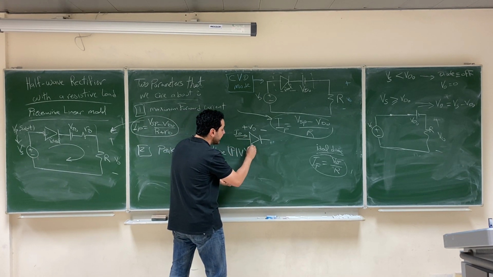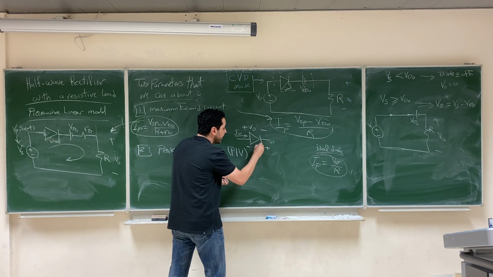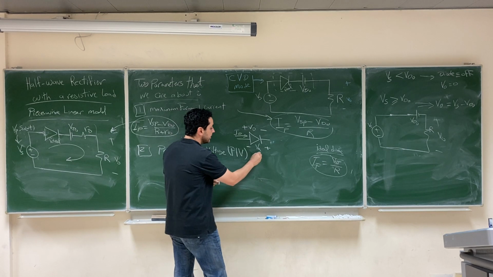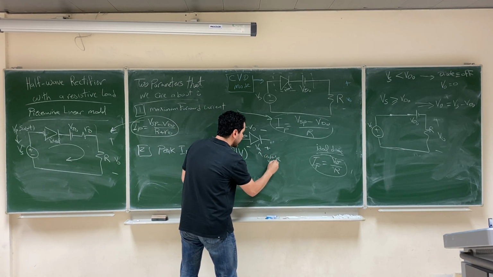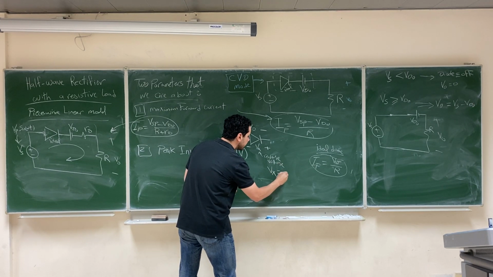So it will be defined as negative here and positive here. Let's call it Vx, for example. So this is the reverse voltage. So the reverse voltage is negative VD.